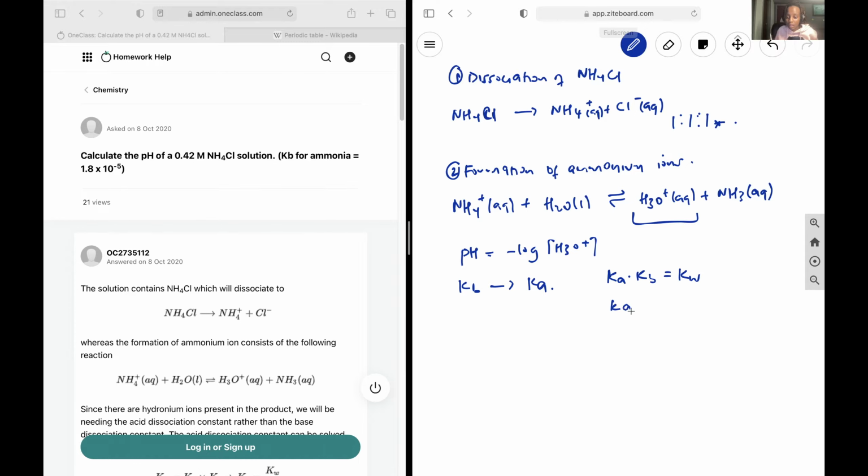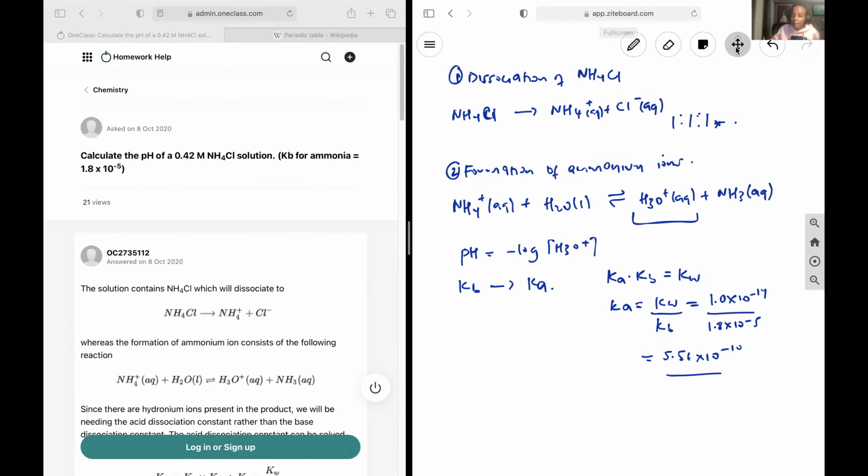And so Ka will simply be equal to Kw over Kb. Kw is 1.0 times 10 to the negative 14 over the Kb that we're given, which is 1.8 times 10 to the negative 5. So our Ka is going to be 5.56 times 10 to the negative 10.